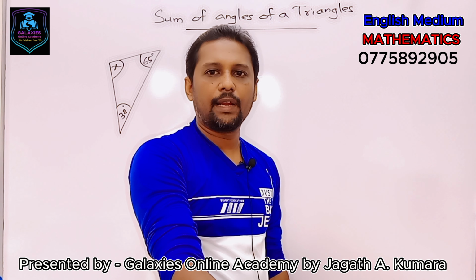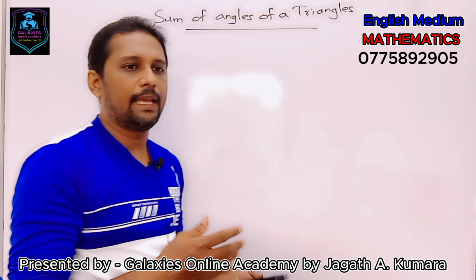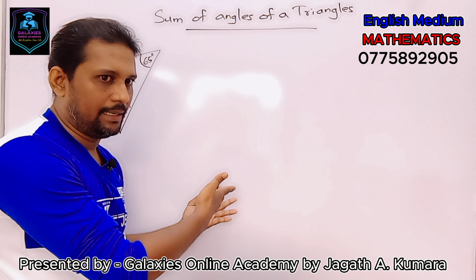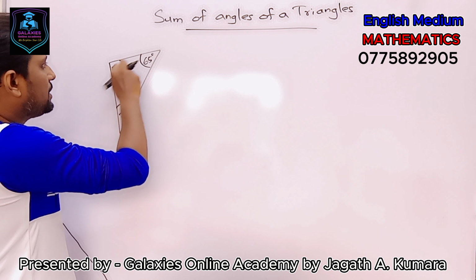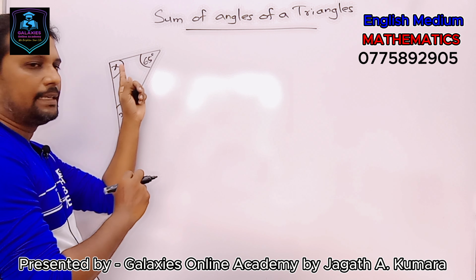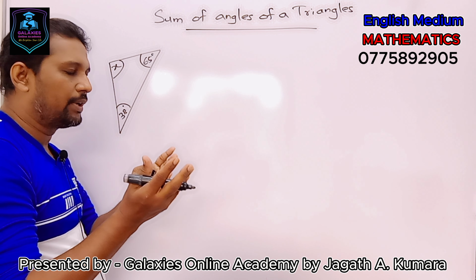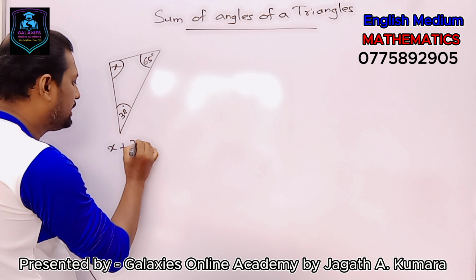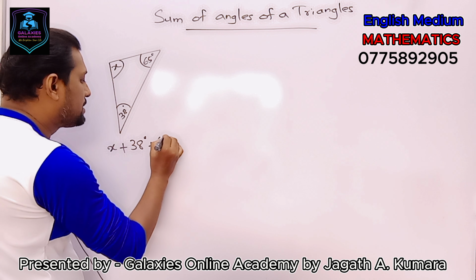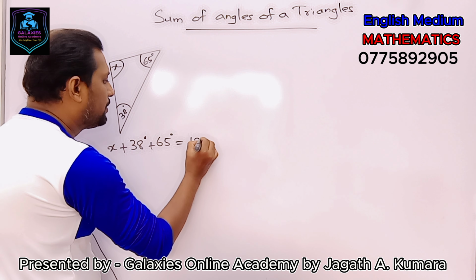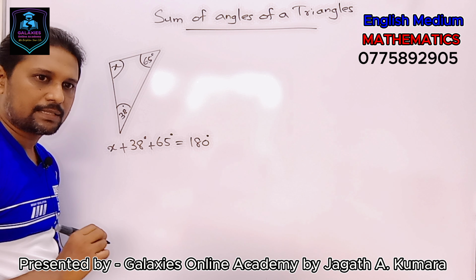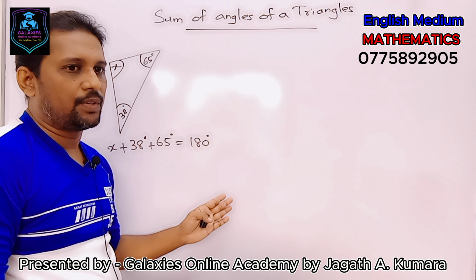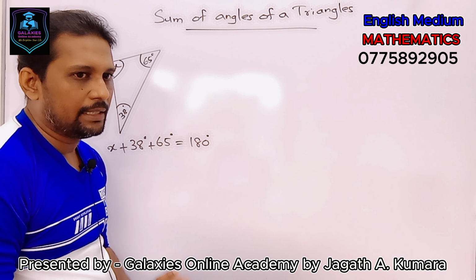How can we find this? You can apply the theorem. There are three angles, x, 38 and 65. So according to the theorem, I can write x plus 38 plus 65 equals 180 degrees. What's the reason? The sum of interior angles of a triangle is 180 degrees.